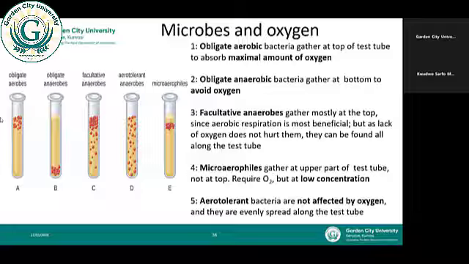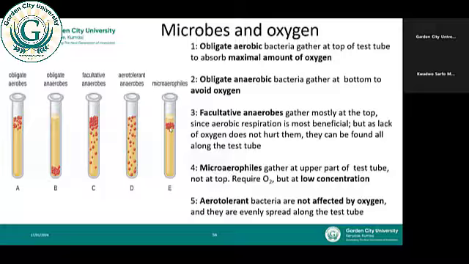But because they have access to oxygen, most of them will settle at the top. But moving to the bottom, they are not affected because they can survive in the absence of oxygen by other means of respiration, which is the anaerobic. And we have the microaerophilic or microaerophiles.